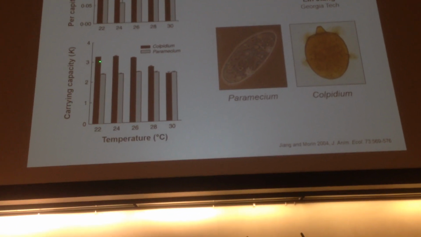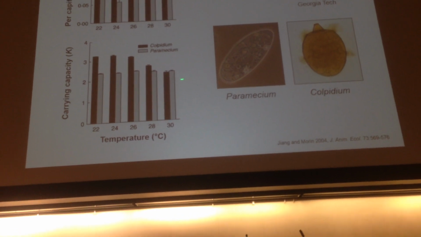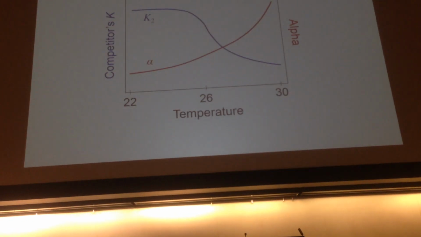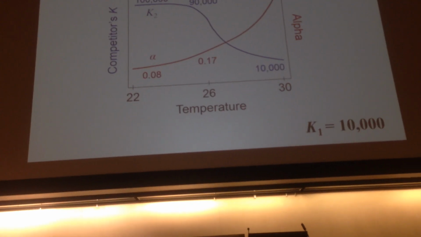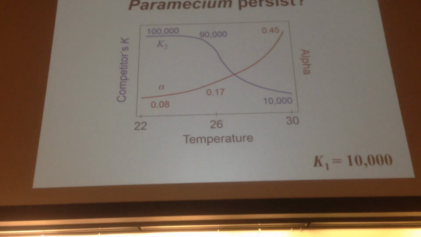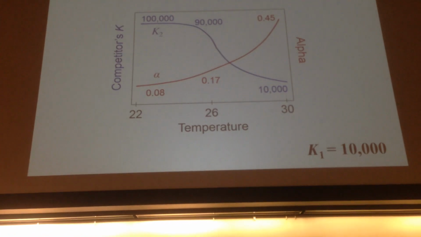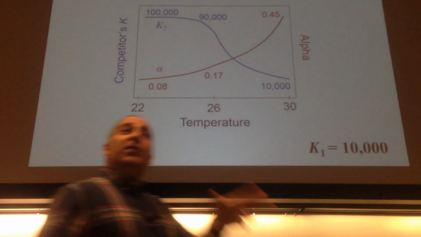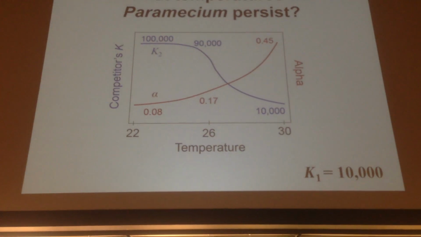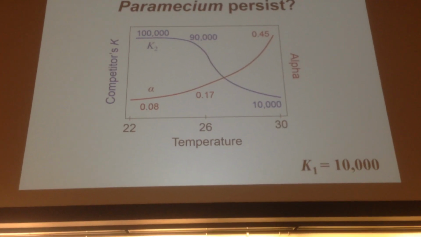So that's for paramecium. For the other species, K tends to decrease. And so now all I've done is put those numbers on a graph. And I asked you to just pick these 3 temperatures, the 2 extremes and the middle, and plug the values into that function and ask, given that model, what would you predict to happen if I competed them? Okay.